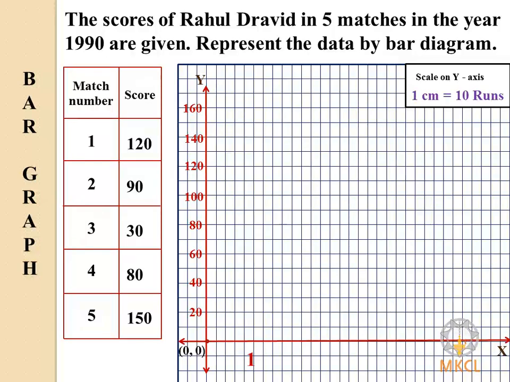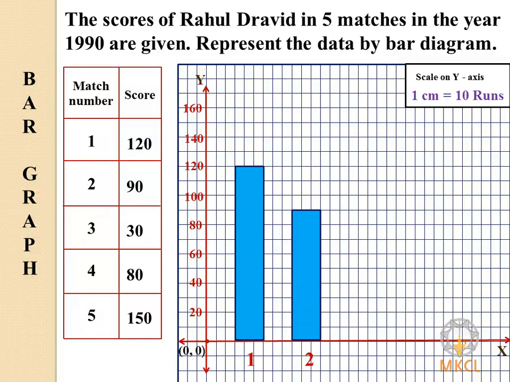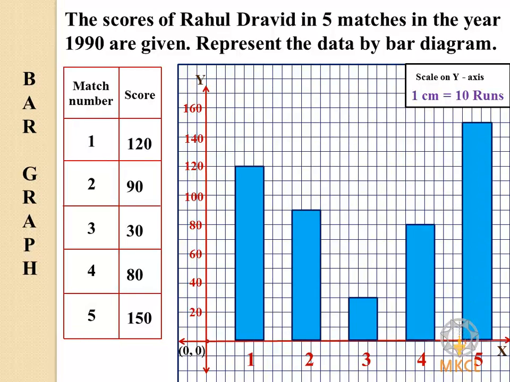Now see the table. In the first match, he scored 120 runs. In the second match, he scored 90 runs. In the third match, he scored 30 runs. In the fourth, he scored 80 runs. In the fifth match, he scored 150 runs.